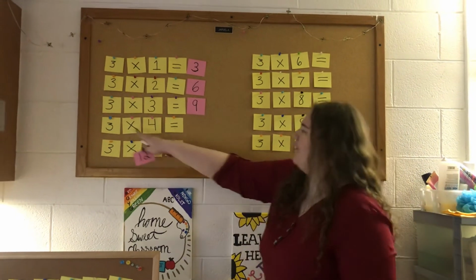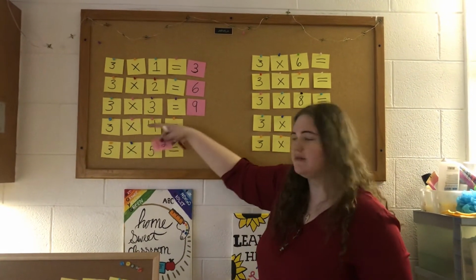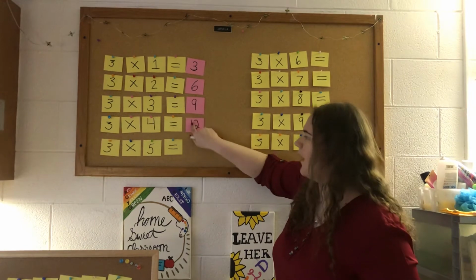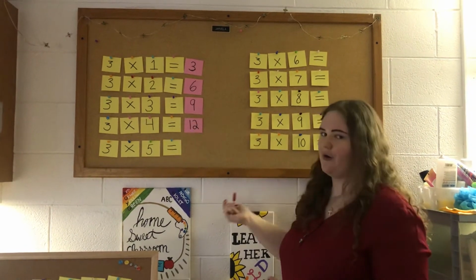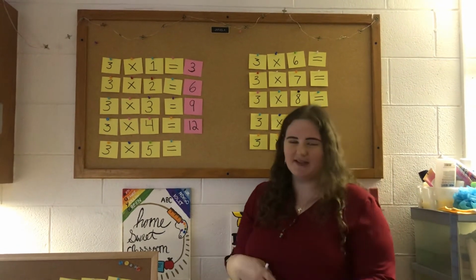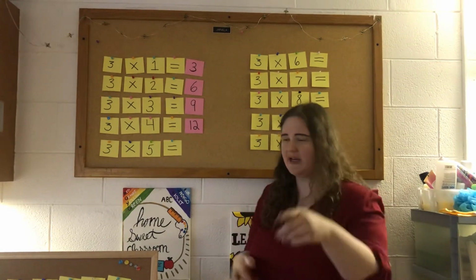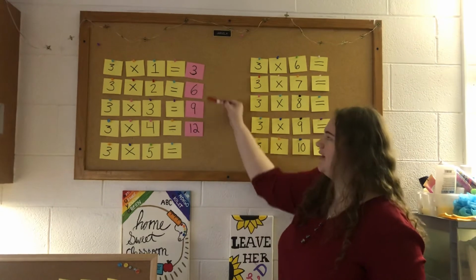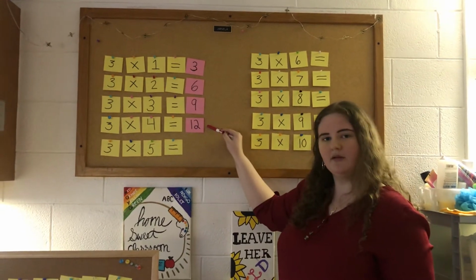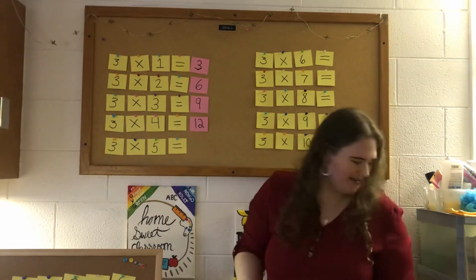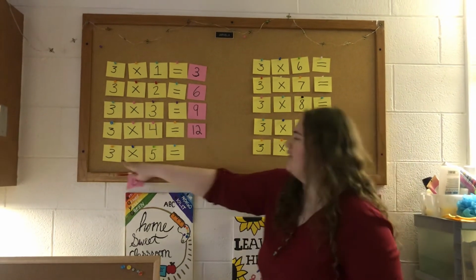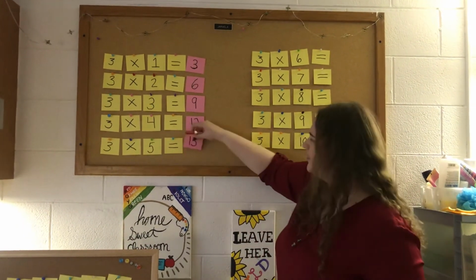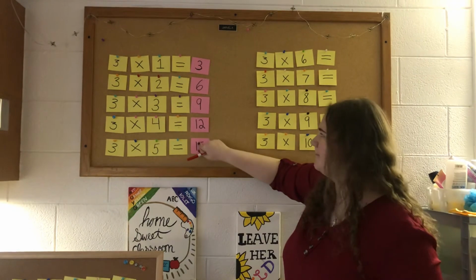So then 3 times 4 is going to equal 12. So, again, students, can someone different? How about Billy? Can you tell me what 3 times 5 would equal based on what we stated here? Is it 15? Exactly. Perfect. So 3 times 5 would equal 15.